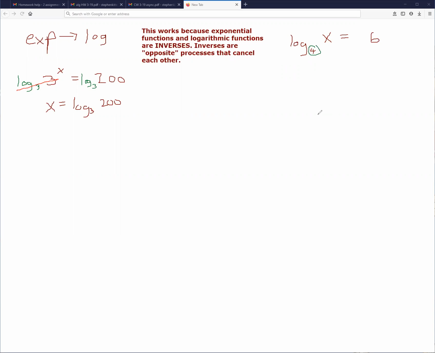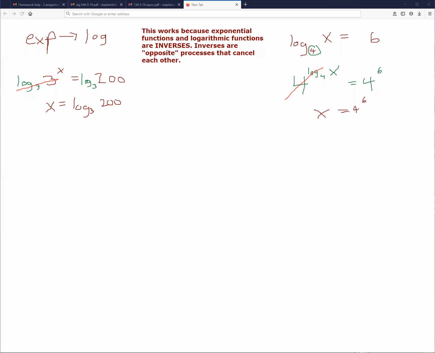What should the base of our exponential function be? 4. So we're going to exponentiate both sides. We're going to do 4 to the on both sides. And now, just like before, the 4 to the and the log base 4 will knock each other out. And the consequence is that we have x equals 4 to the 6th.